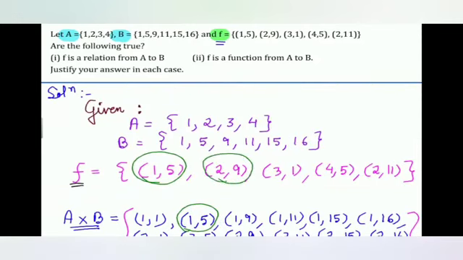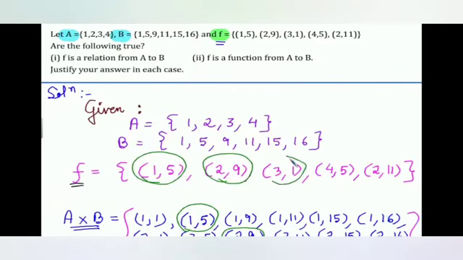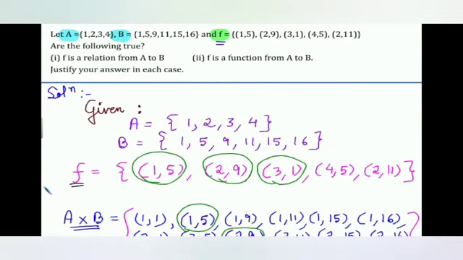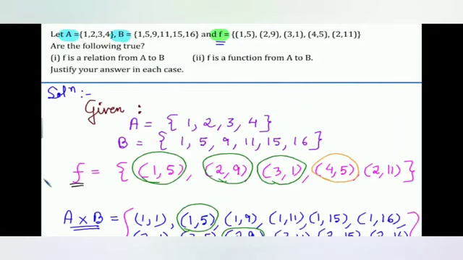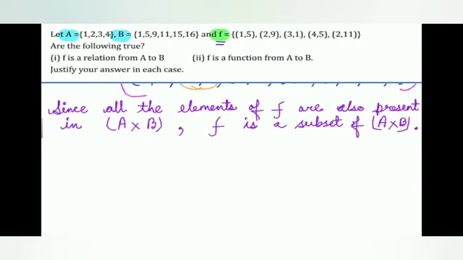Now next element 2, 9 is in your relation. 3, 1 is also in your relation. 4, 5 is also in your relation, and at last 2, 11 is also in your relation. Now all the elements of the function are present in A cross B.